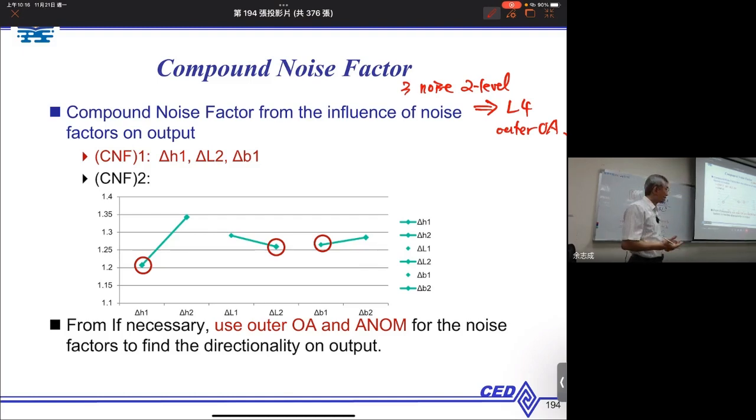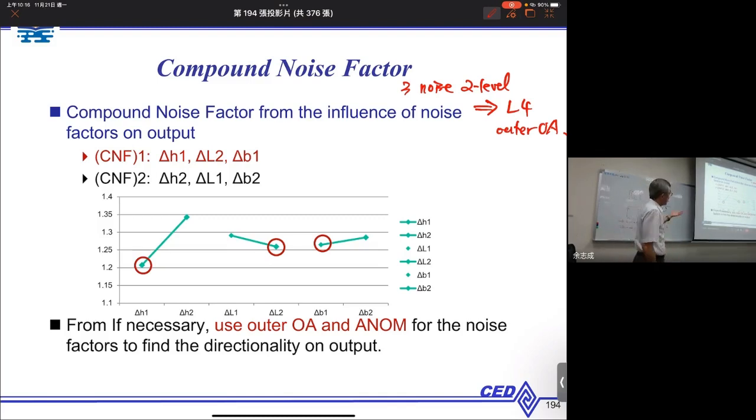Then you can see under another combination of noise factors, H2, L1, and B2, the output K will become the largest, because B in level 2 will increase, the denominator decreases, and the K will be the largest.